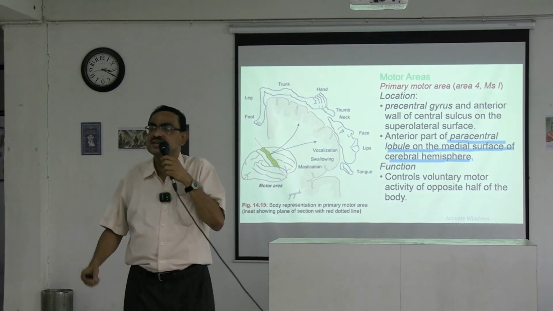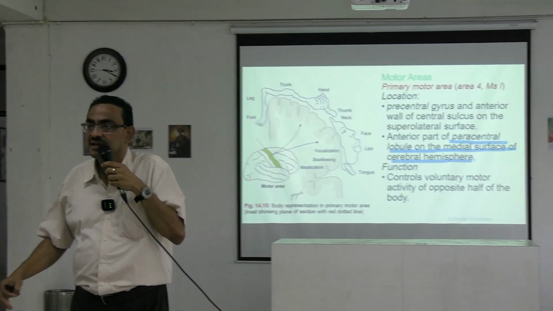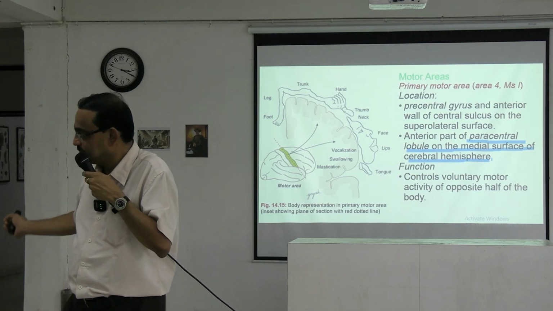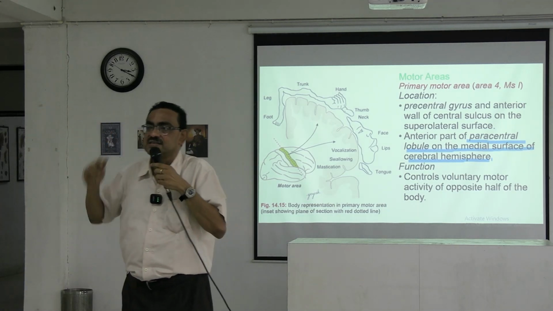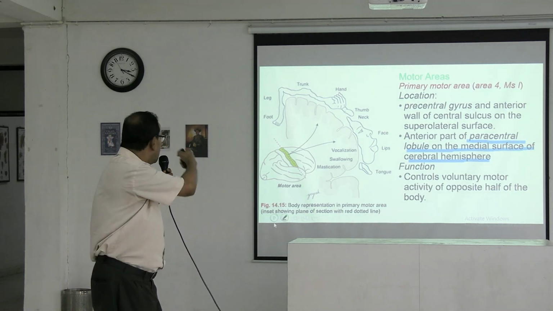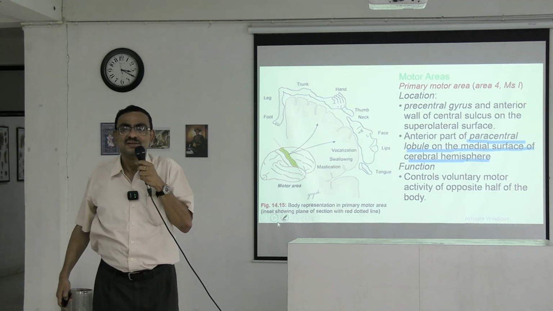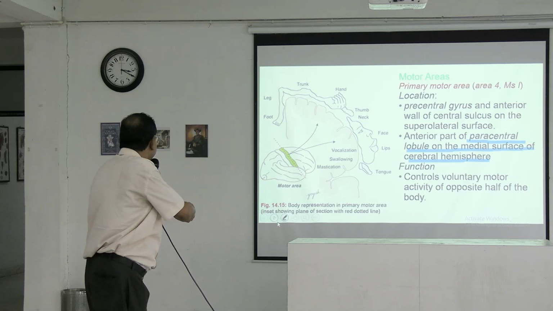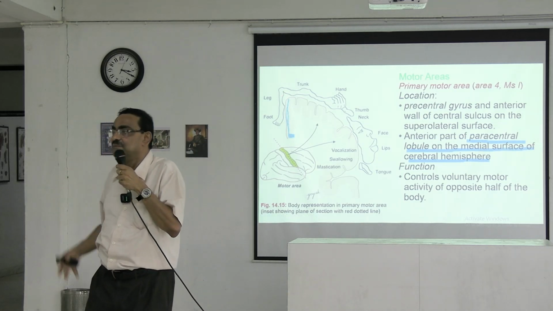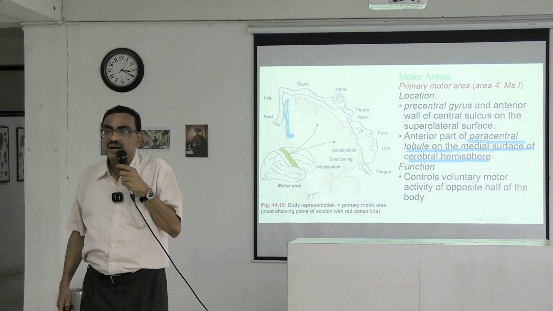Whether it is motor or sensory, the body is represented like this, as if a person is doing Sirsasana in the motor area or sensory area. So you can see medially we are seeing the lower limb and the perineum of the body.